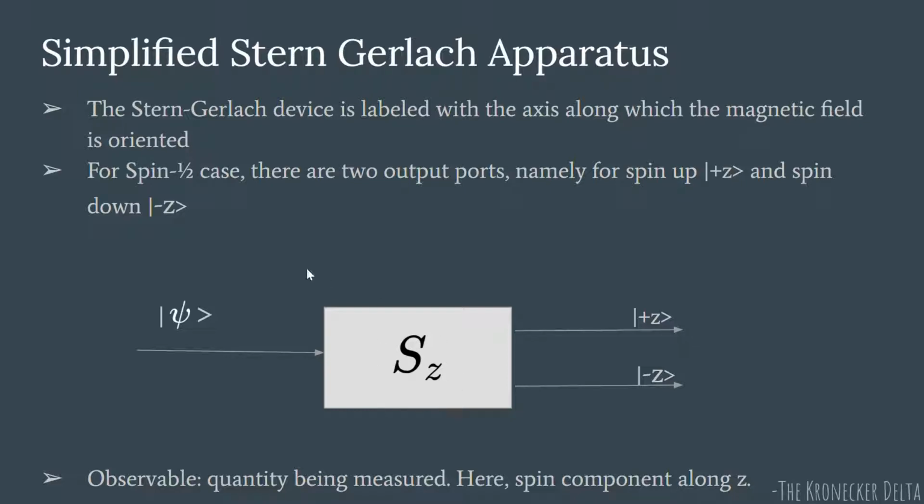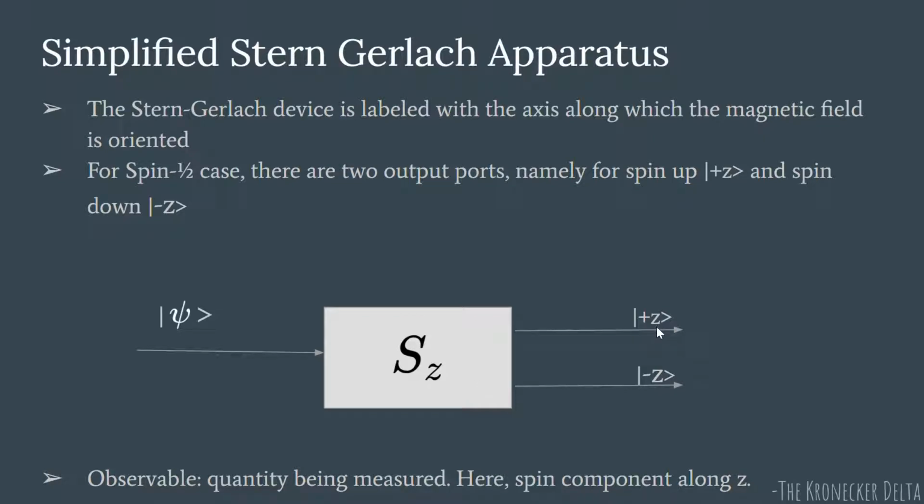Now we have an input state which is a generic state represented by psi. So we call this ket psi. For a spin half case, there are two possible outcomes. When you pass this through an inhomogeneous magnetic field, you get two deflections, one upside and one downside. So there are just two possible outcomes after this S_z measurement.